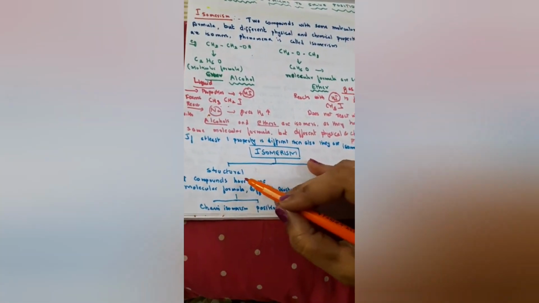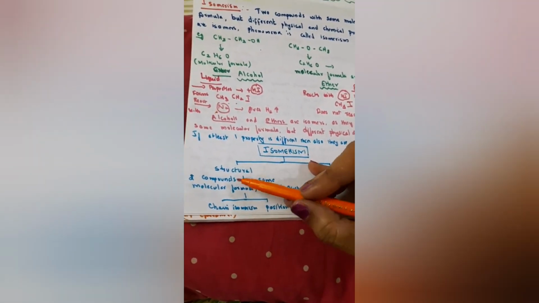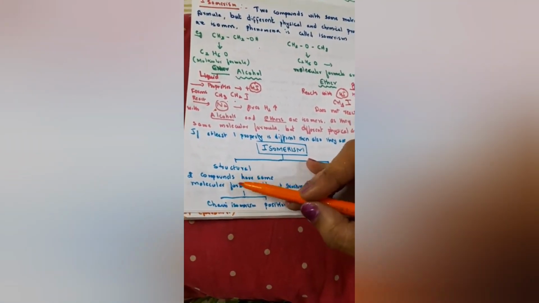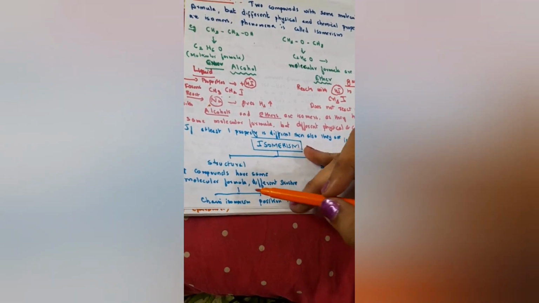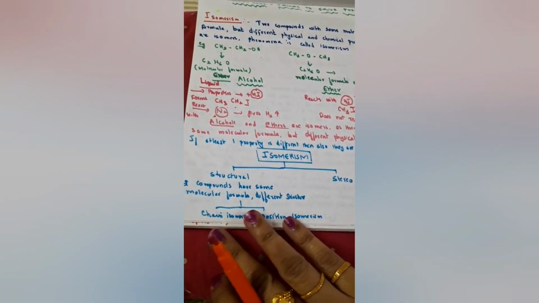In isomerism, there are two main classifications, structural isomerism and stereoisomerism. Structural isomerism means compounds with the same molecular formula but different structures. It can again be classified into chain isomerism and position isomerism. Today we are going to learn mainly about chain isomerism and position isomerism.